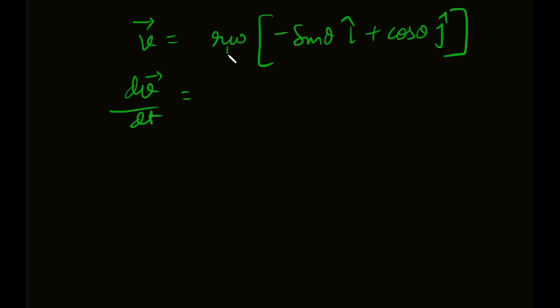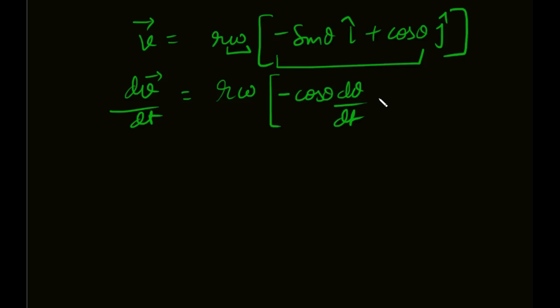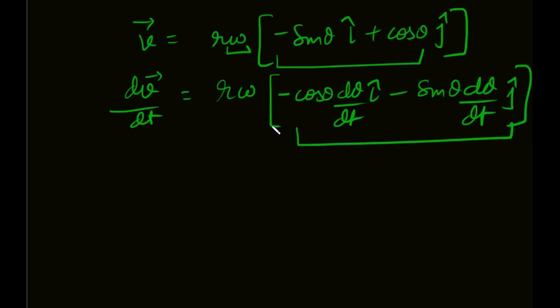Now omega is varying now. First we use the two function rule. First function is this, second is omega. So we first differentiate this function. This would be equal to minus cos theta d theta by dt i minus sine theta d theta by dt j. We have differentiated the first function, now we differentiate omega.